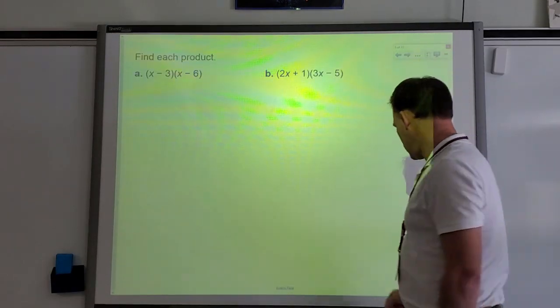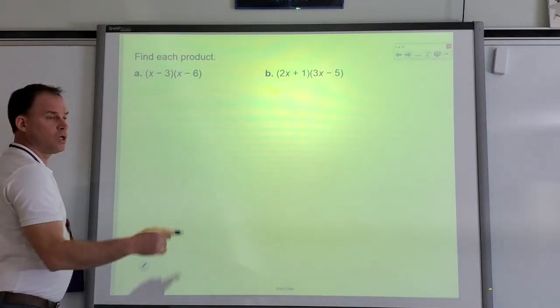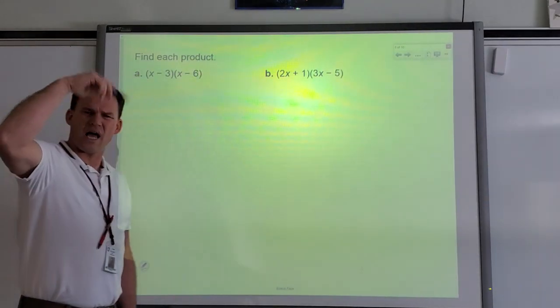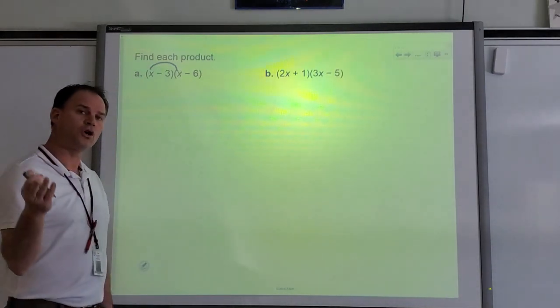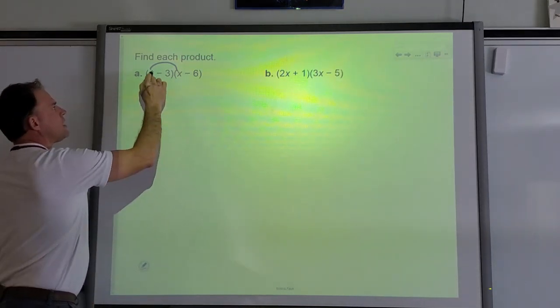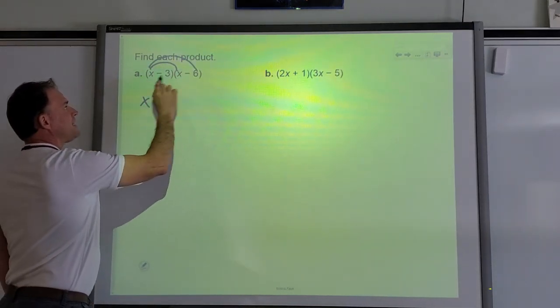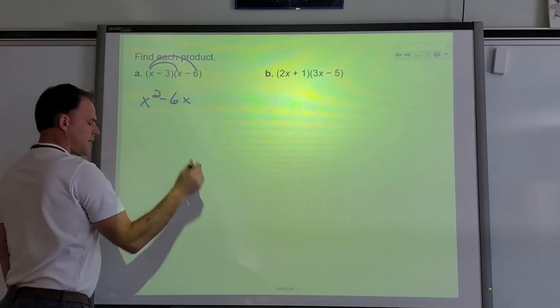So I'll show you how it goes. So we have this problem here. So, drawing the lines will help you. Multiply the first term. So that means the first term in each parentheses together. So x times x is x squared. Then I multiply the outer terms together. So that gives me minus 6x.